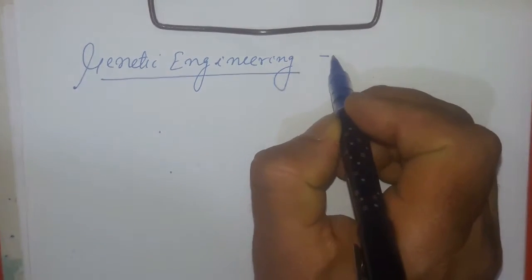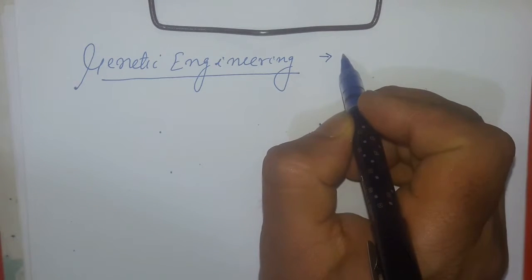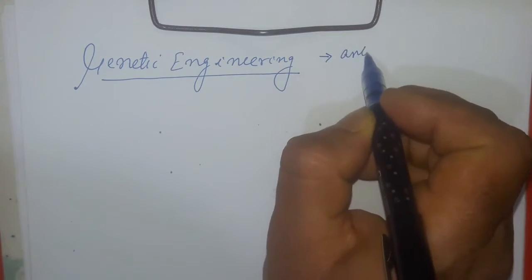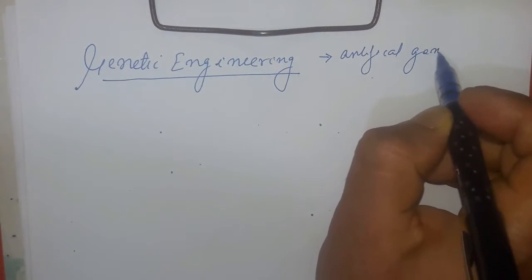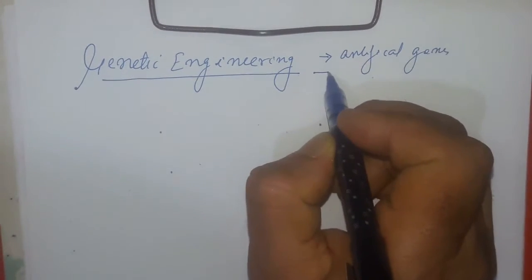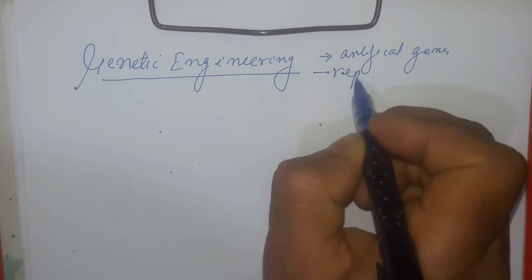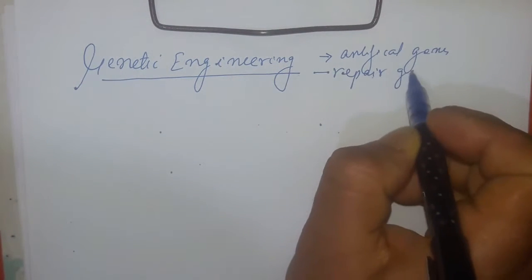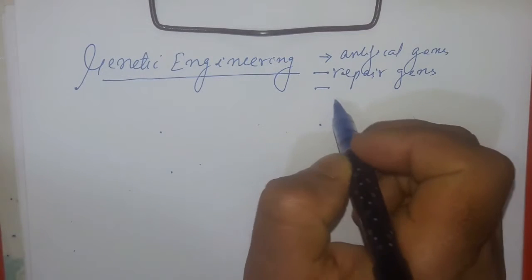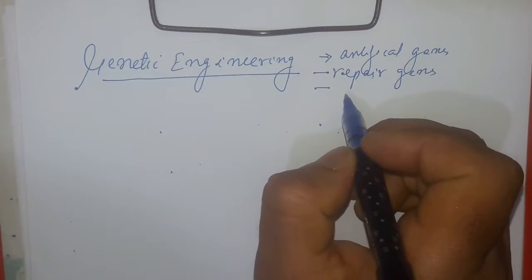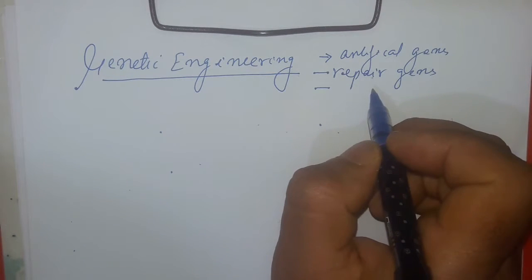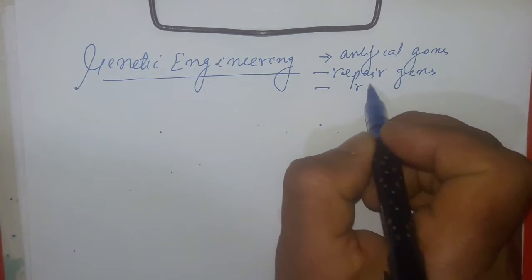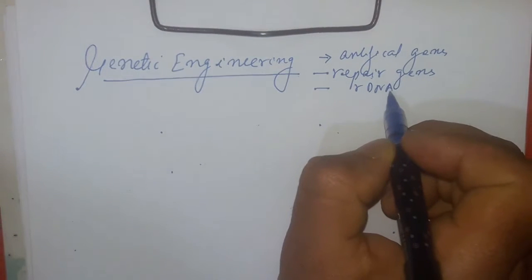So shifting of genes, production of recombinant DNA, that is combining DNA from two sources and manipulating them for improvement in human beings. So artificial gene, we have repair gene, then which is called a recombinant DNA technology.